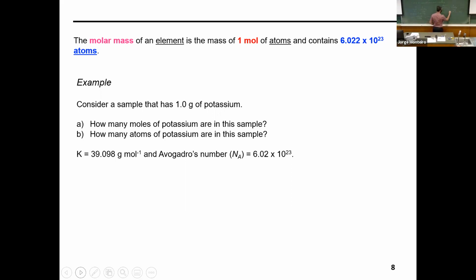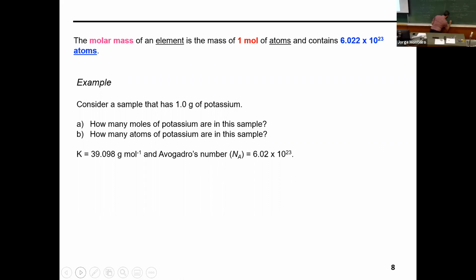Let's isolate X. We are going to send 39.098 dividing, and end up with 6.02 times 10 to the 23rd atoms times 1 gram divided by 39.098 grams. Grams with grams we will cancel. Our answer is going to be given in atoms. Okay?